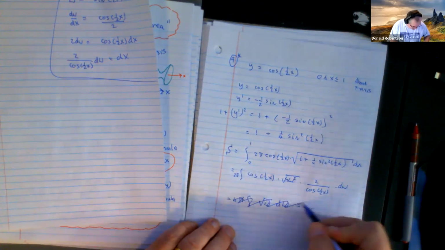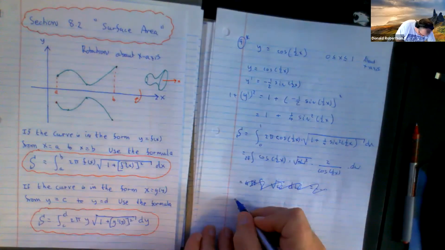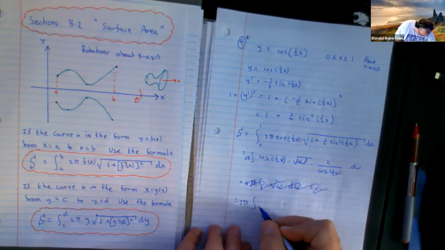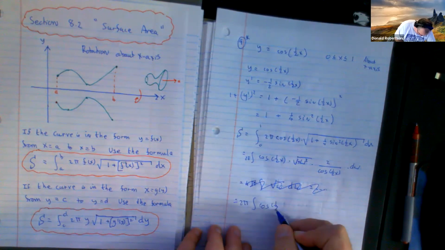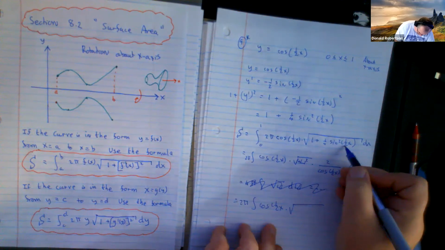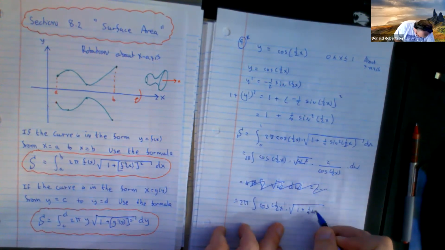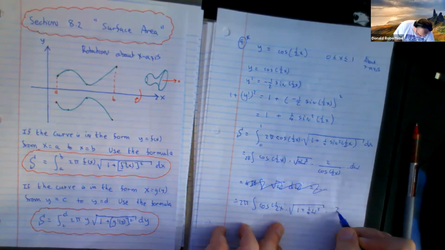Whoa, rewind. That question's worth doing now. It's 2 pi, the cosine of a half x. It's not u, which is what my brain was thinking. It's 1 plus 1/4 u squared, 2 over the cosine of a half x.